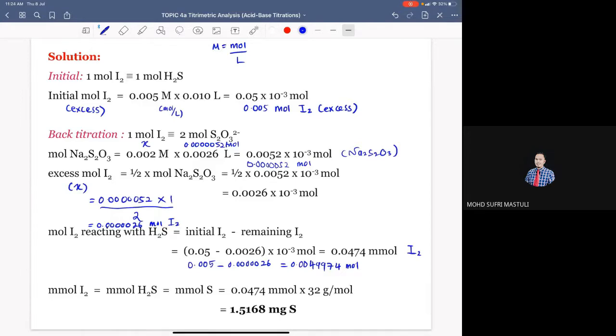Okay, so the relationship between I2 with H2S is 1 to 1.